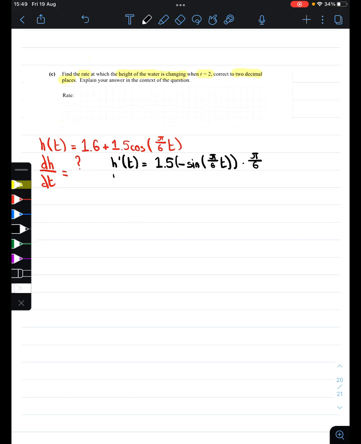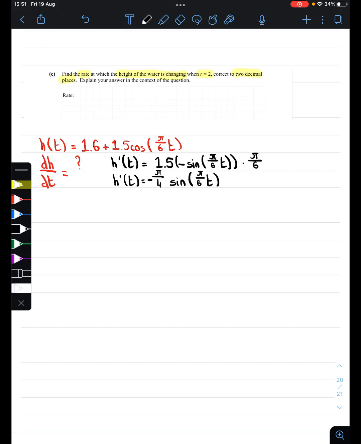So the h prime of t is 1.5 times pi over 6. So that's just 3 over 2 by pi over 6, which is just pi over 4 times minus sine pi over 6t.